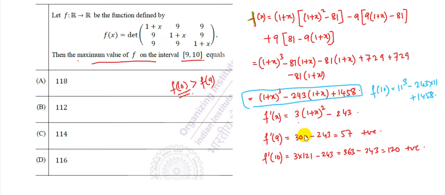So you calculate this, you get 1458 minus 11 into 243 minus 121, that's 122. So that gives you 1458 minus 1342, which is 116. So your answer is 116.